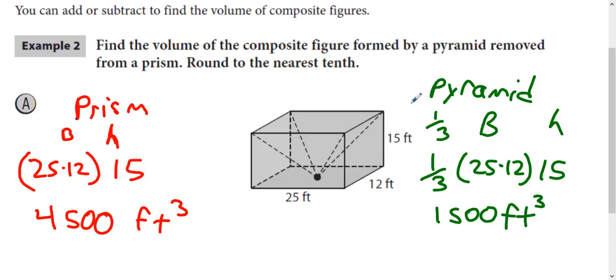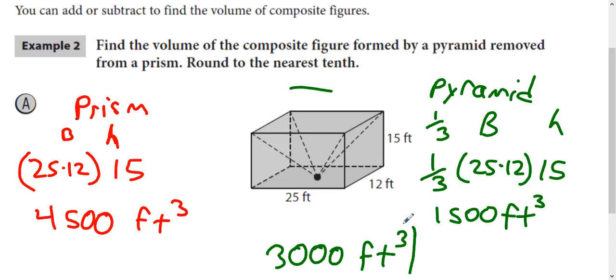So for our final answer, we need to do the prism minus the pyramid, because the pyramid was cut out of it. So it was removed from that block. So subtract, get your final answer, 3,000 cubic feet.